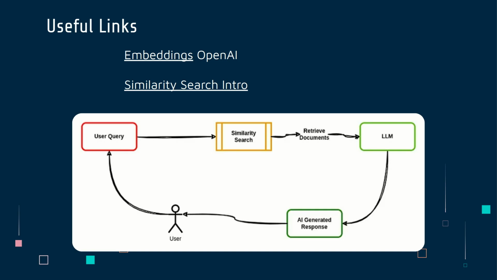Basically, the user asks a question. Little Johnny asks a question, which is the user query. We perform a similarity search to retrieve the most similar matching documents, the ones with the most similarity to the question Little Johnny asked. Then the relevant documents are passed to the LLM, and the LLM generates a response based on them. So the answer is more grounded, because we're not generating an answer based on what the LLM has been trained on.